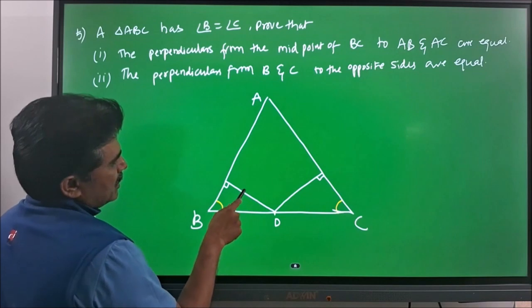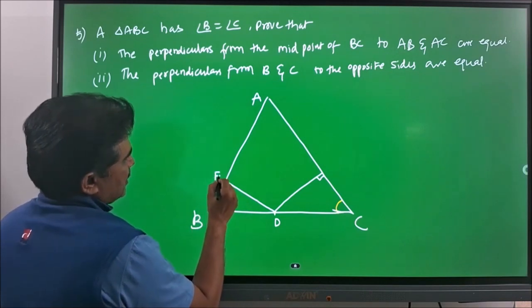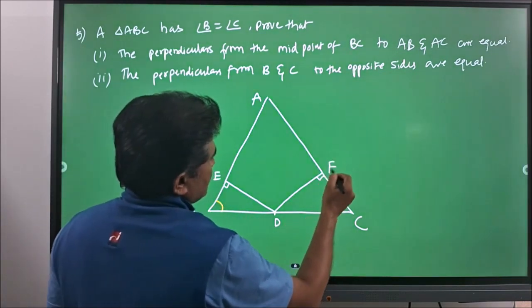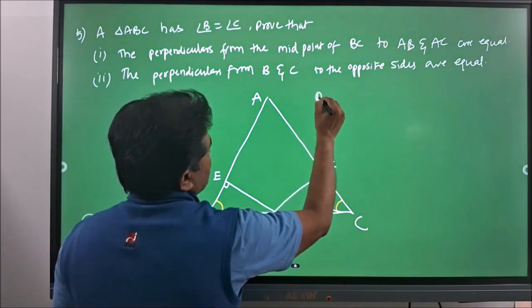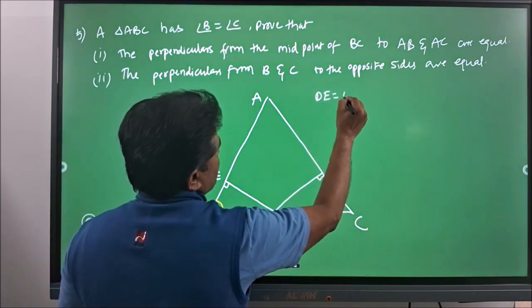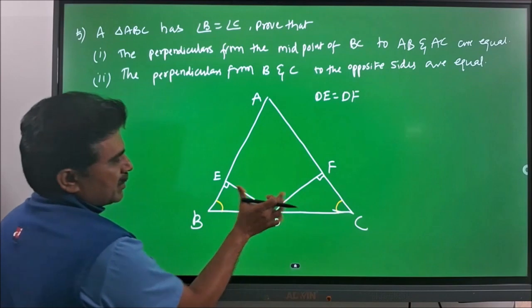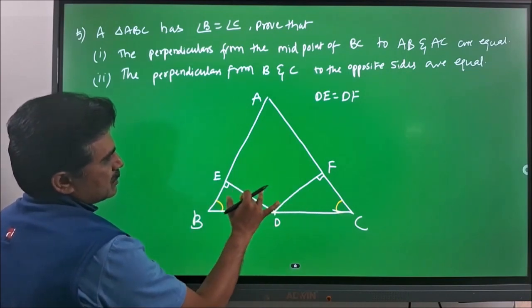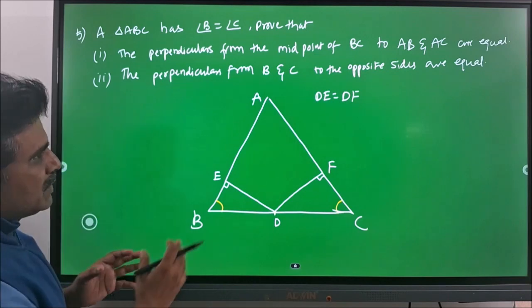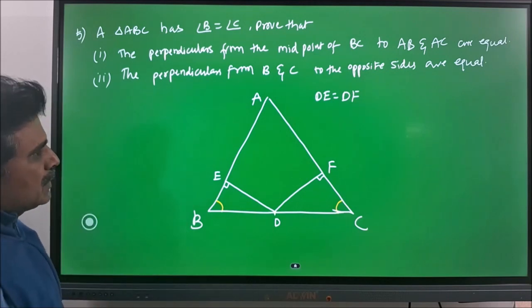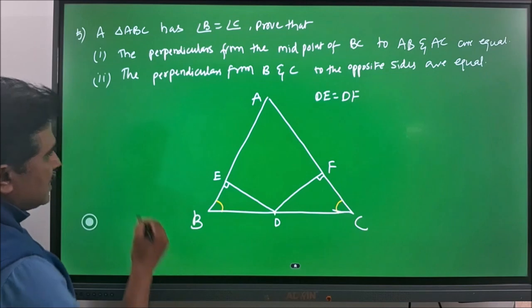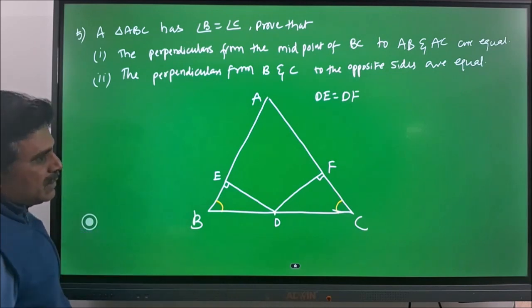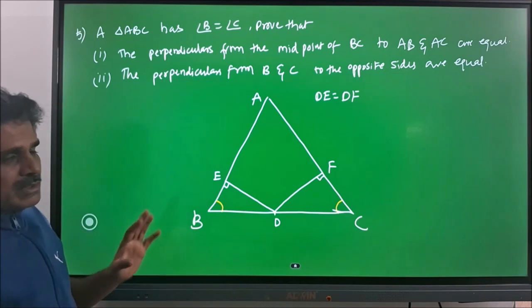So we need to prove this one, like I am naming this E and this as F. So we need to prove DE is equal to DF. So these two are the perpendiculars which are drawn from the midpoint of BC, and we need to prove that those two are equal. So here consider triangles. Anyway, we need to solve using congruency.